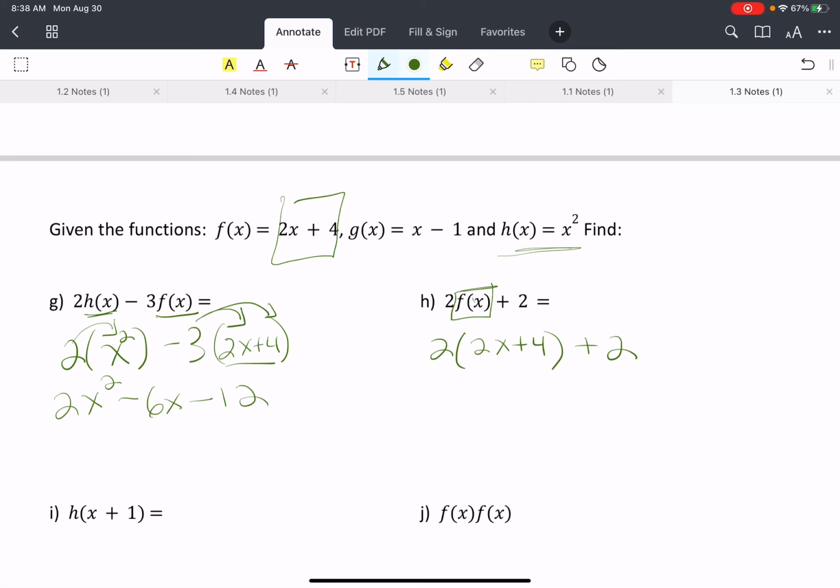Anything to distribute? Is there anything to distribute or am I done? The 2, okay. Now am I done?